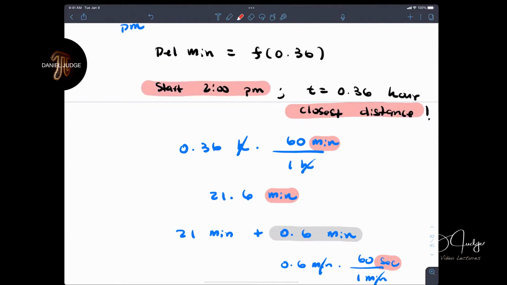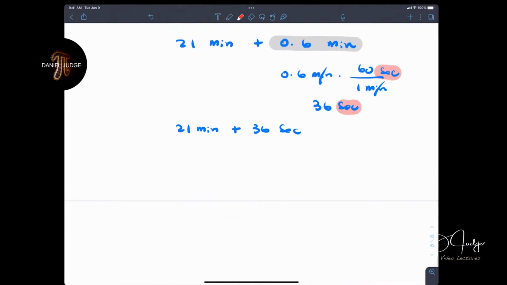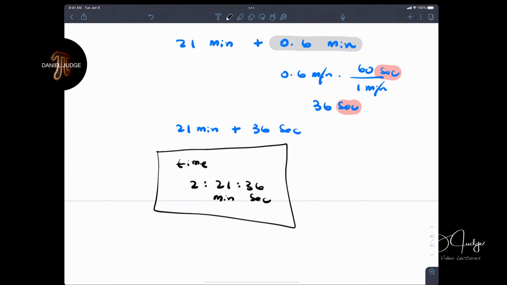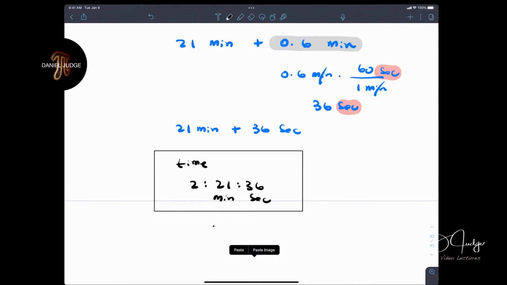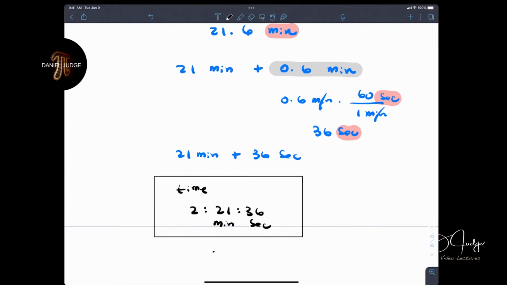So you started at 2, and 21 minutes and 36 seconds later, here's the time. 2:21:36, minutes and seconds. So at 2:21:36, and ladies and gentlemen, that's what they want you to do here. You found the time where the two boats were the closest. Anyway.